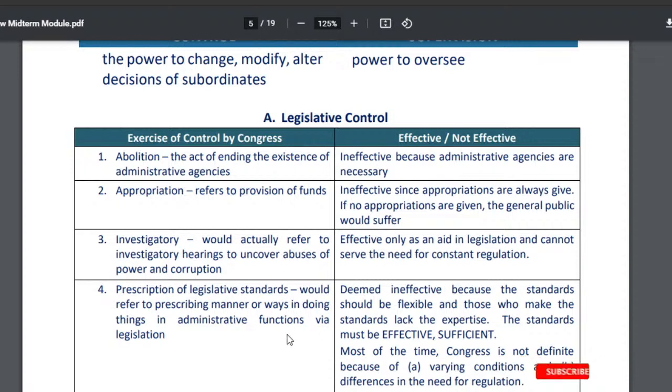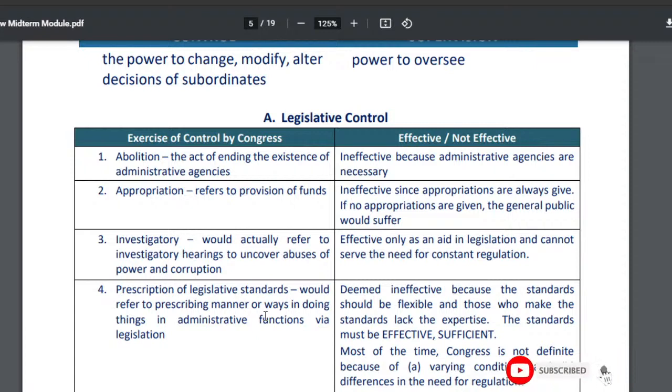Number 4, fourth exercise of control by Congress is prescription of legislative standards, and this would refer to prescribing manner or ways in doing things in administrative functions via legislation. Okay, via legislation. When you say via legislation, of course this would be a legislative act.